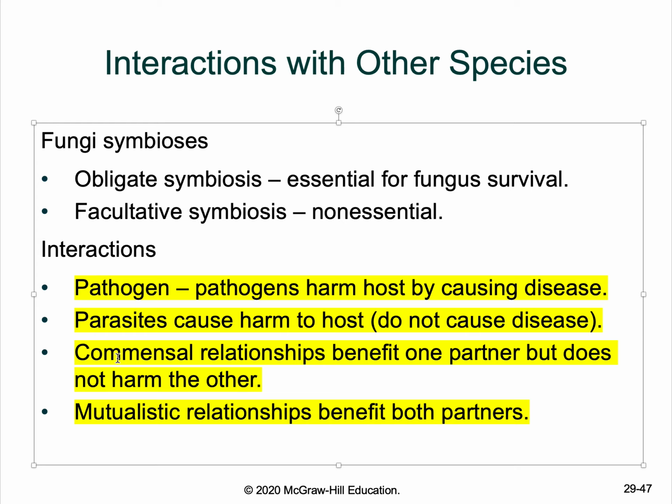Okay, those are the ones that we need to mention, right? And so when you see something like a pathogen, it harms the host and also can cause a disease. Parasites cause harm to the host but do not cause disease. Commensalism, one benefits and the other one does not get harmed, and mutualistic, they both benefit. So there are different roles that these fungi can play in our environment, and we're going to go over a few of them.